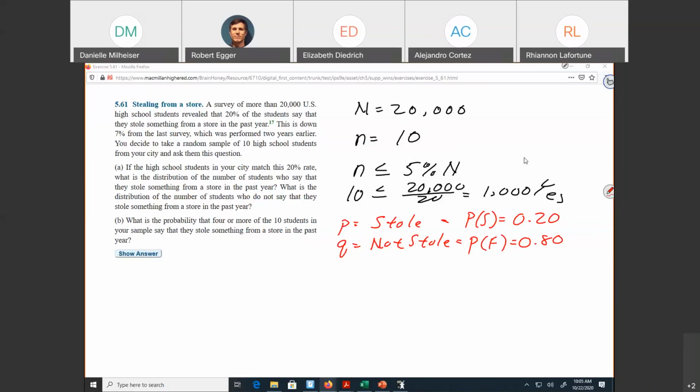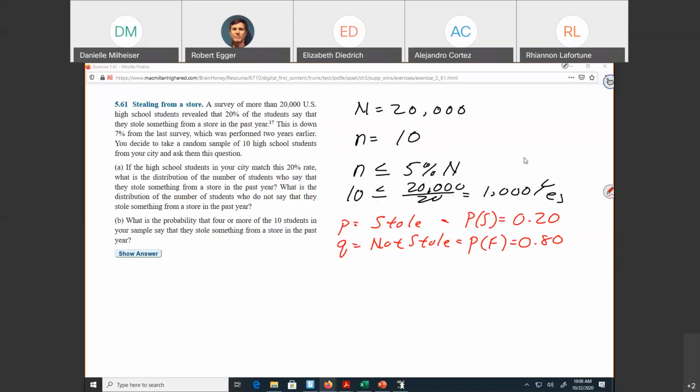We have two distinct things we're looking at: success or failure. Success being they stole, failure being they did not steal. We do have discrete numbers: no students, 1 student, 2 students, 3 students, 4 students. You can't have 1.1 students. It's down some from last year, but that's extra stuff.